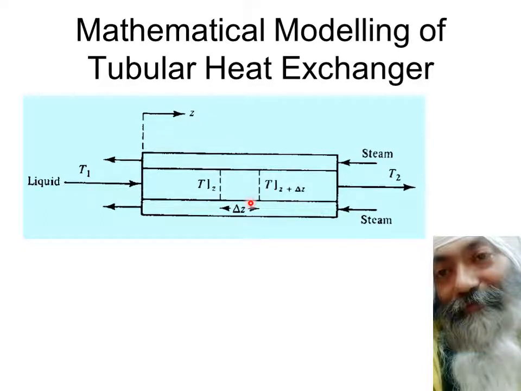So area is nothing but pi into D into delta Z. If I multiply this area by U and by the temperature difference between this point and this point, then that will be the total amount of heat going in per unit time, of course, that will be Q.